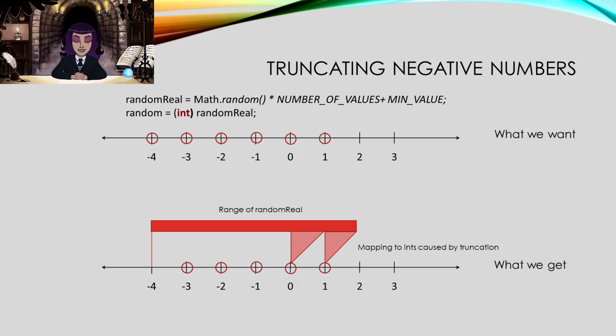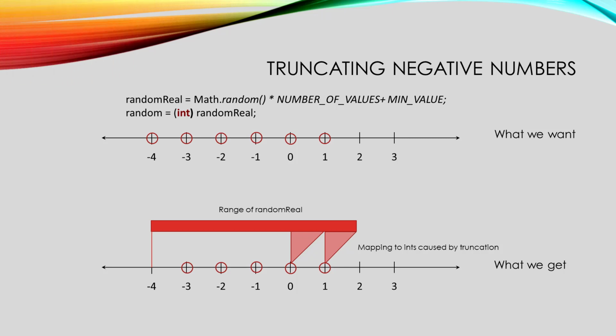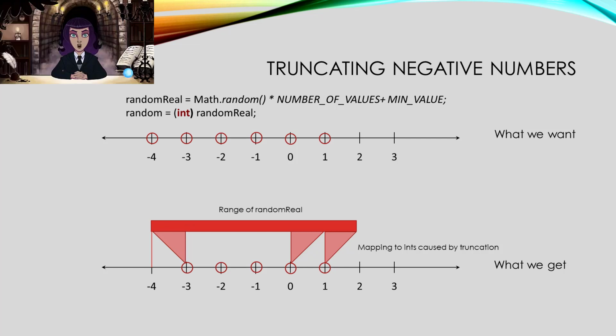Now I'm worried, because you won't get as many -4s as the number of positive ones we got. Me too, but let's keep going. Every value of random real between -3 and almost -4 will be truncated to -3. That doesn't feel too bad. The numbers are going the opposite direction as they were when we were working with positive numbers.